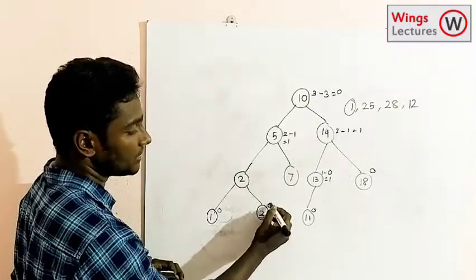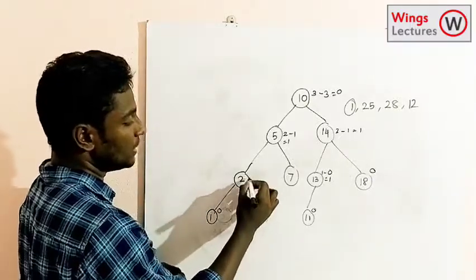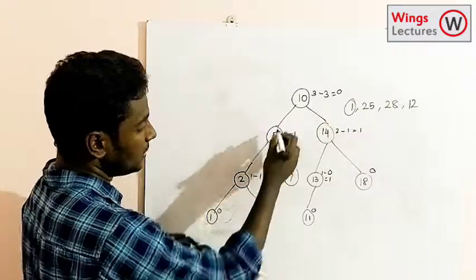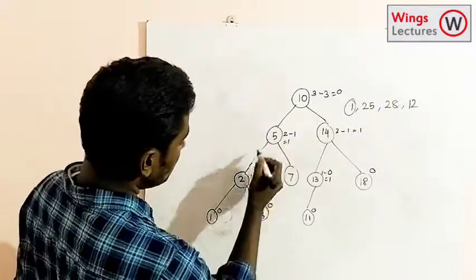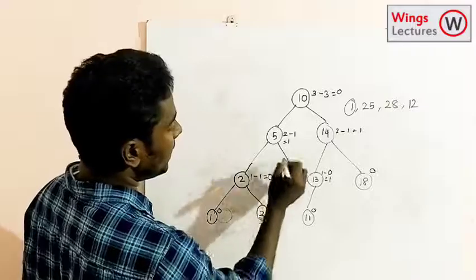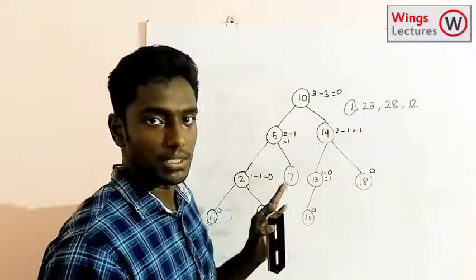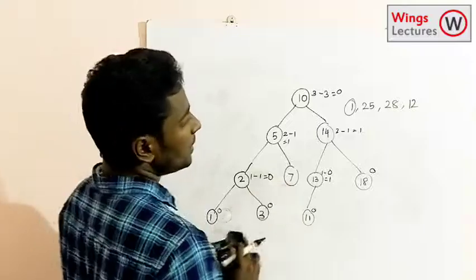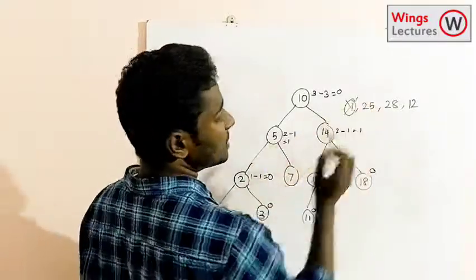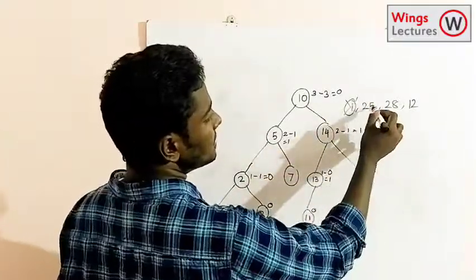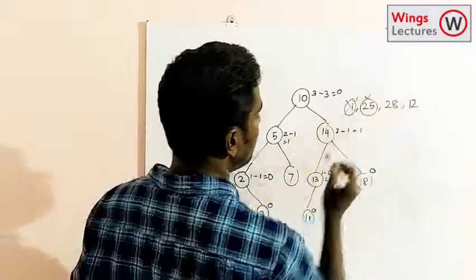Balance factor of 3 is 0. Balance factor of 2 is 1 minus 1, 0. When it comes to 5, left subtree height is 2 and right subtree height is 1. So everything is quite similar. Now I am going to insert. Already I have inserted 1. Then I am going to insert 25. See how I am going to insert.